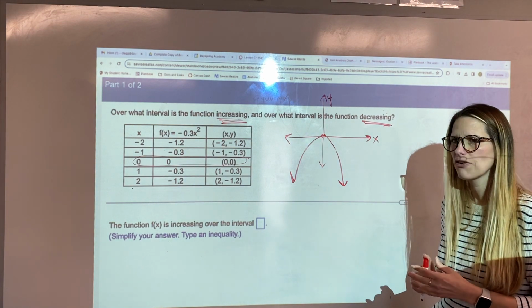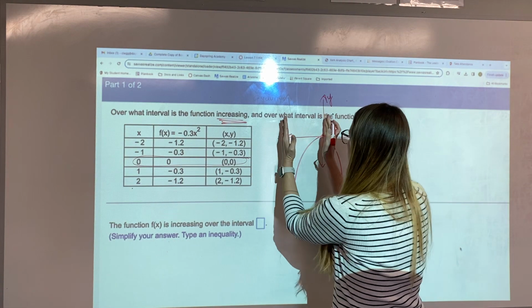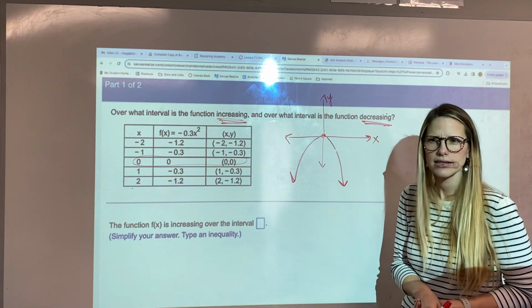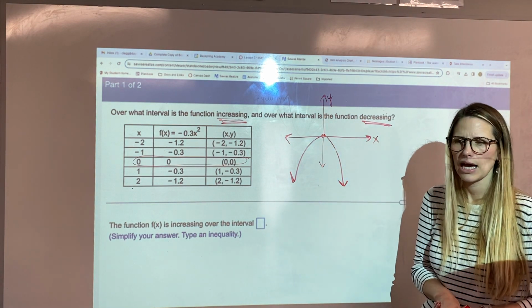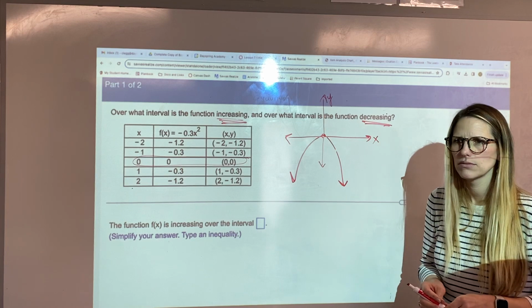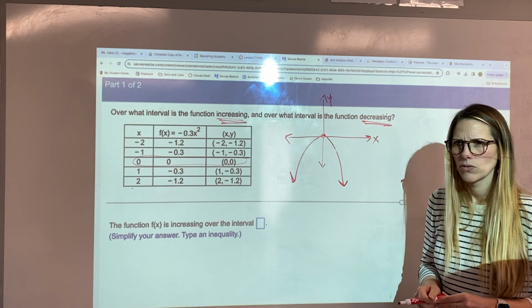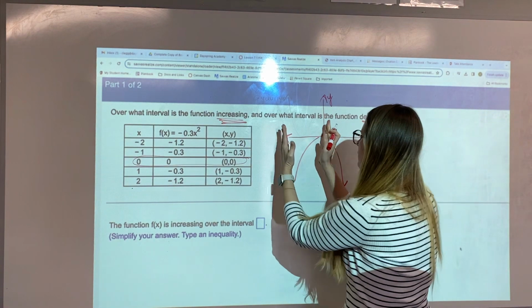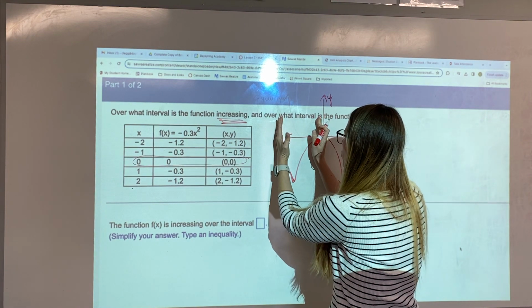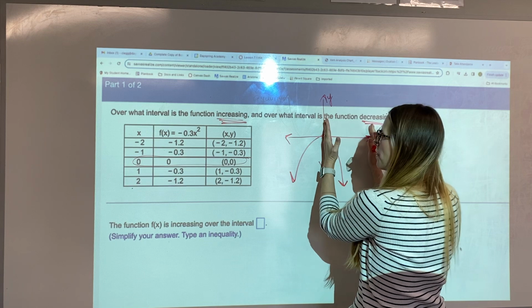How would you identify the x values on this side of the y-axis? What would you call them? What would you call the x values on this side compared with what you would call the x values on this side?